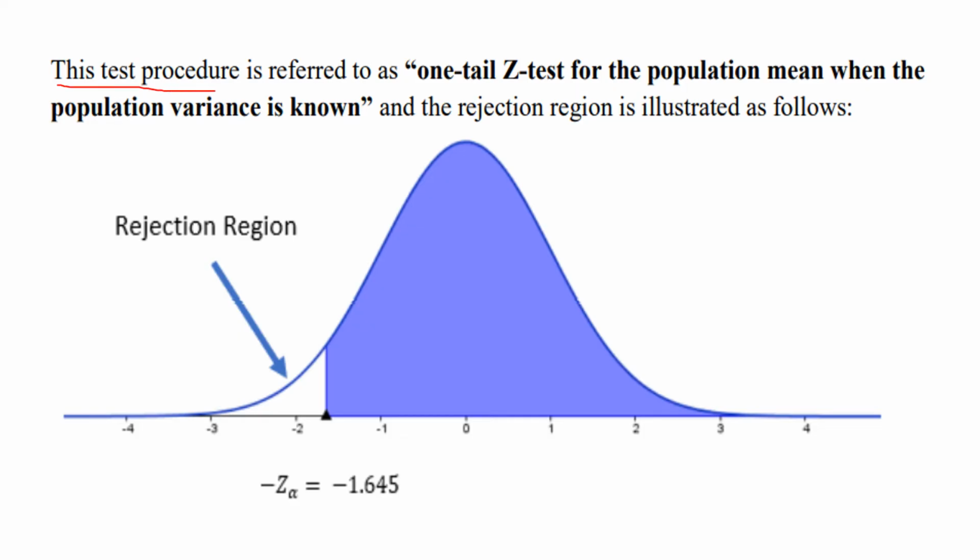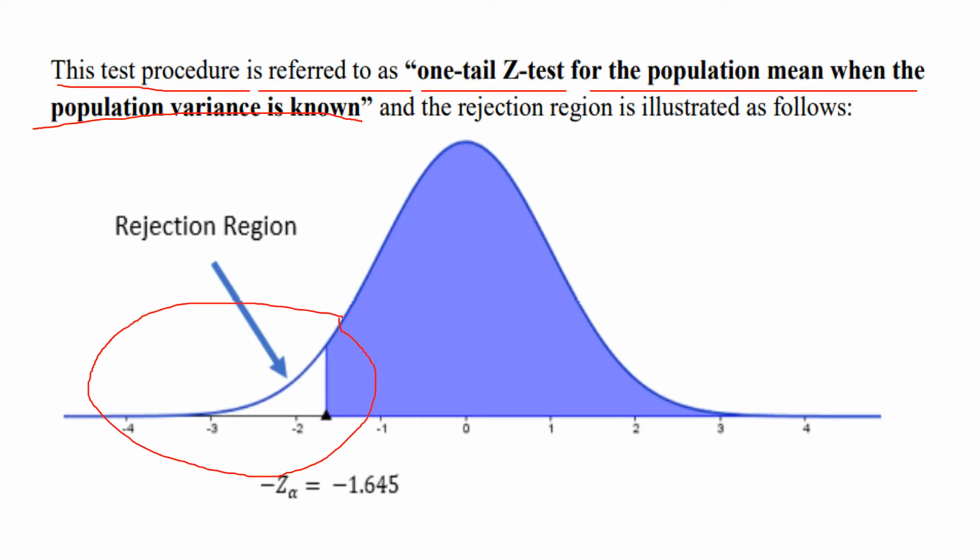This test procedure is referred to as a one-tailed C test for the population mean when the population variance is known. We consider only this side of the normal curve, so that will be a left tail test, a one-tail test, and we consider only the left tail of your normal curve. The rejection region is illustrated as follows.